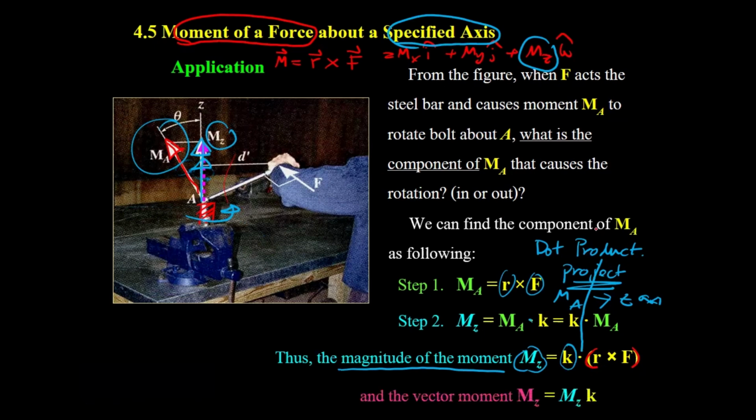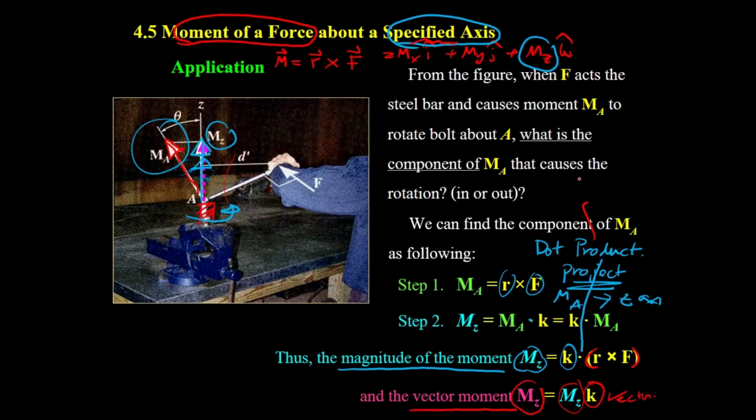However, the dot product produces what? It produces only the magnitude. So if you prefer to know the moment vector along that specific axis, you have to take that magnitude and the direction, and you will get it in the form of a vector.